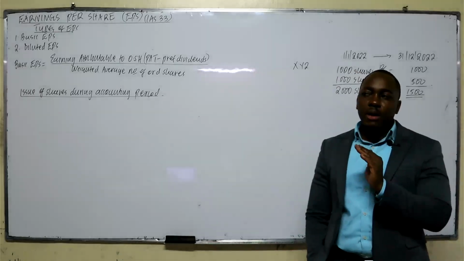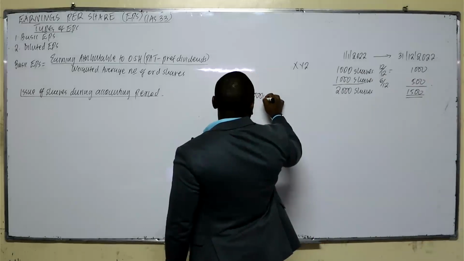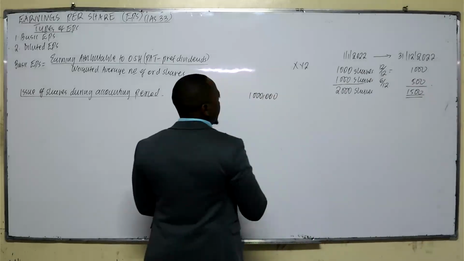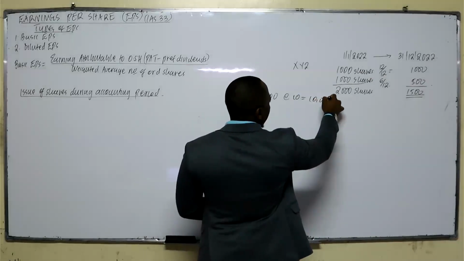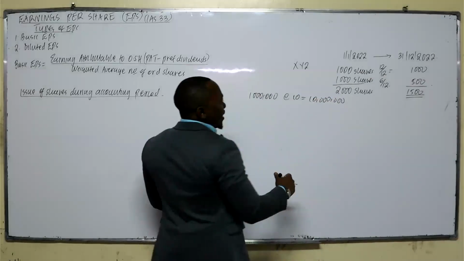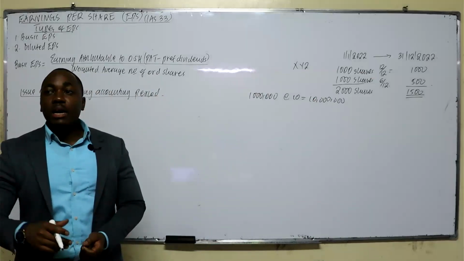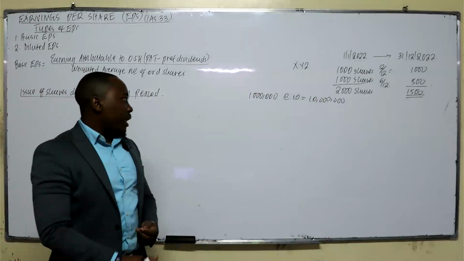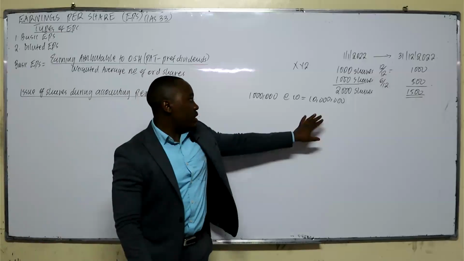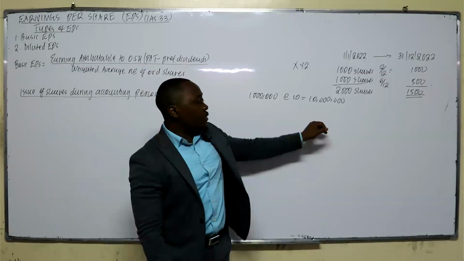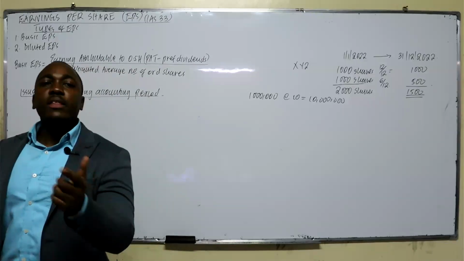What does it mean? Now, when a company issues shares, maybe an additional 1 million shares, and assume the par value was 10 shillings, that means it's 10 million. And then they give these shares as a bonus. If the company issues shares worth 10 million on cash consideration, you expect to get new cash, so you debit the bank account and credit the equity.